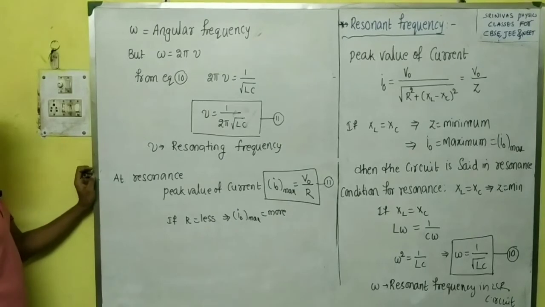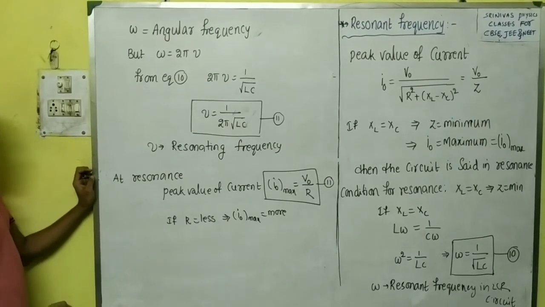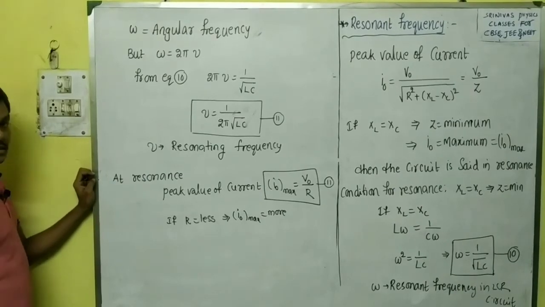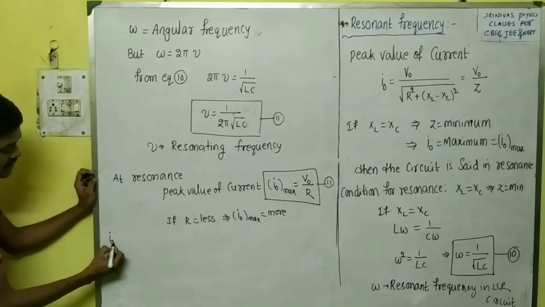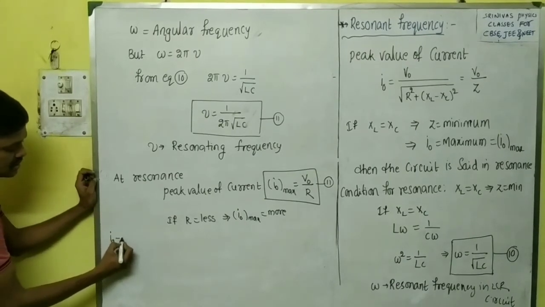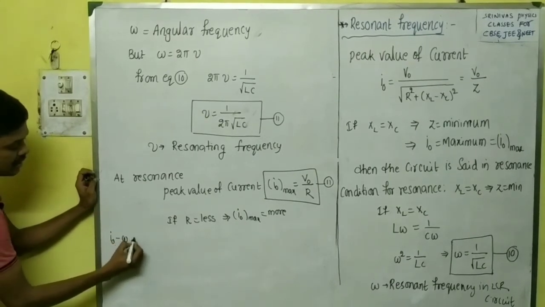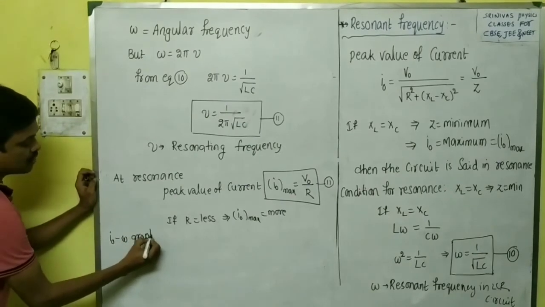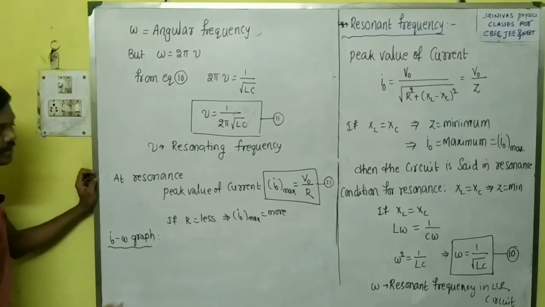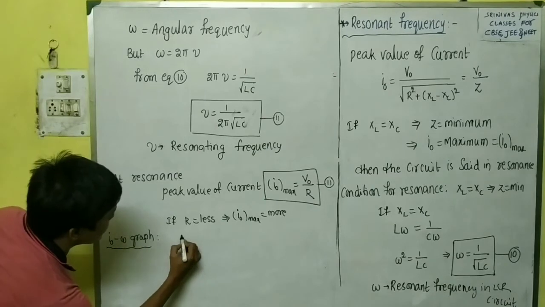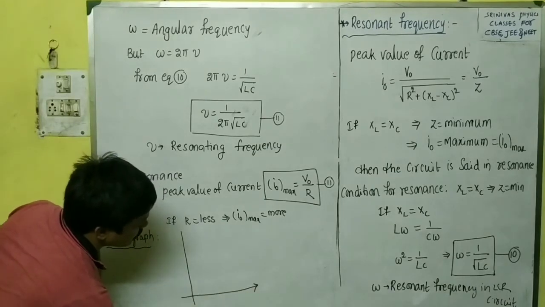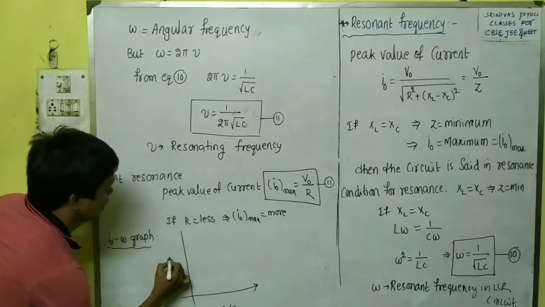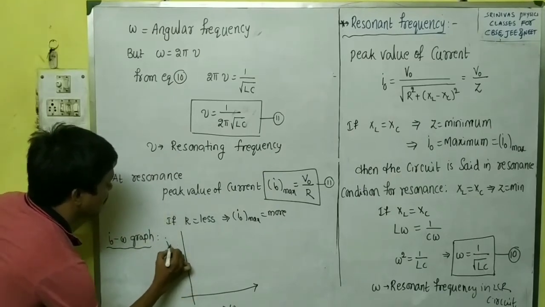And now I want to draw the graph between the peak value of current and frequency, that is I naught versus omega graph, or the frequency graph. I will draw it by taking omega on the x-axis and the peak value of current on the y-axis.